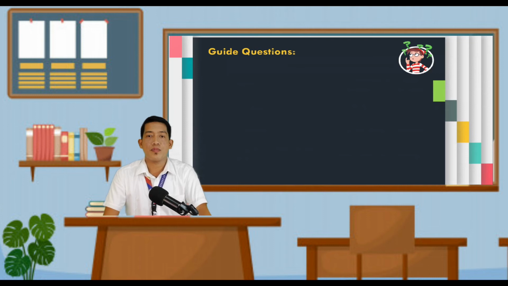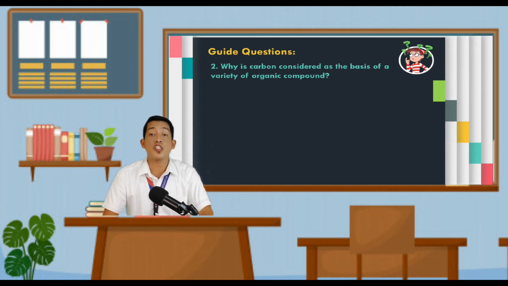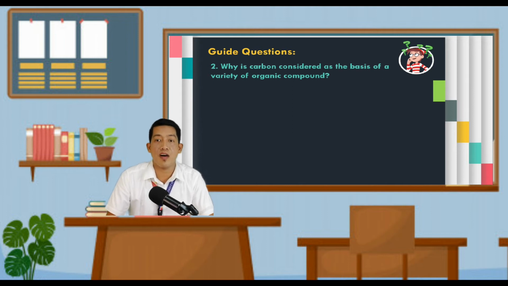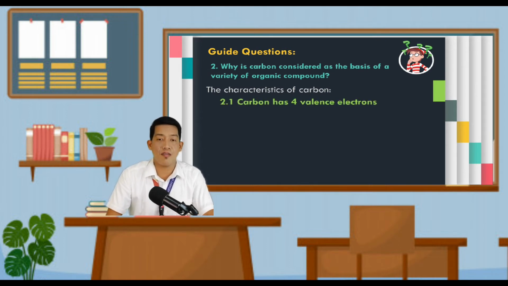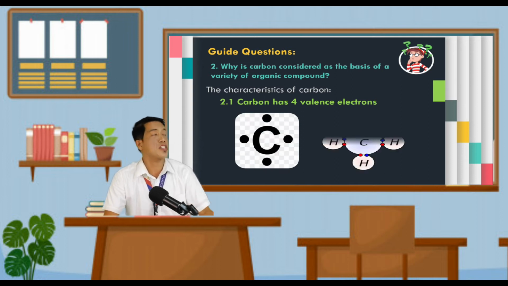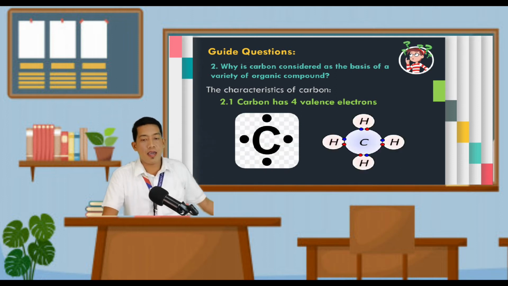Second question. Why is carbon considered as the basis of a variety of organic compounds? To answer this, let us discuss the unique characteristics of carbon which make it the main component of all organic compounds. Number 1. Carbon has 4 valence electrons, or tetravalent. Based on presentation, 4 dots for carbon.